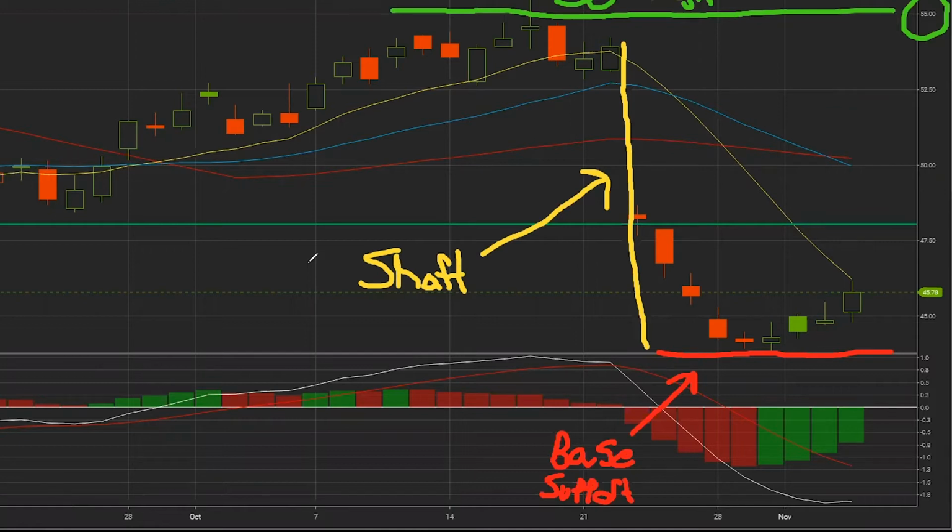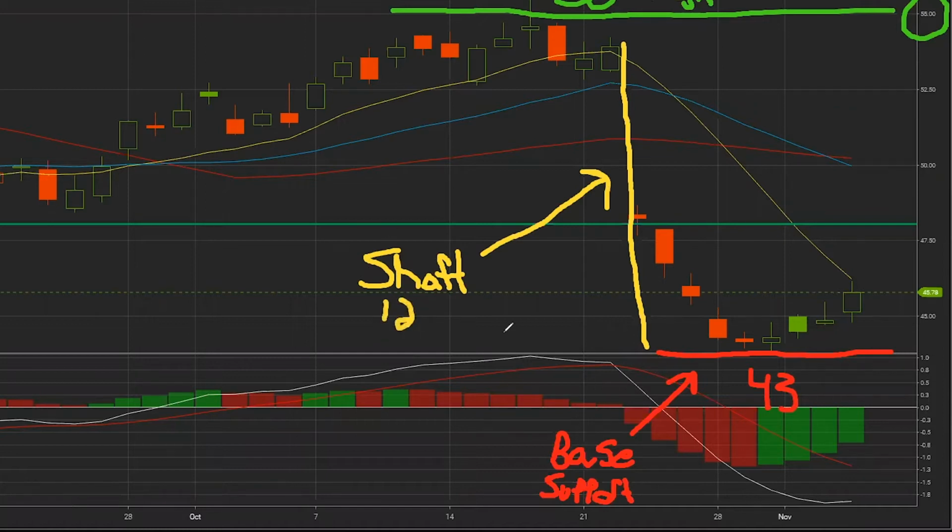Okay. So now you have the shaft. Now remember, the shaft is going to be from the highs to the lows here. So if we have a shaft of 55 and base support at 43, what is our shaft? 55 minus 43. That's 12.